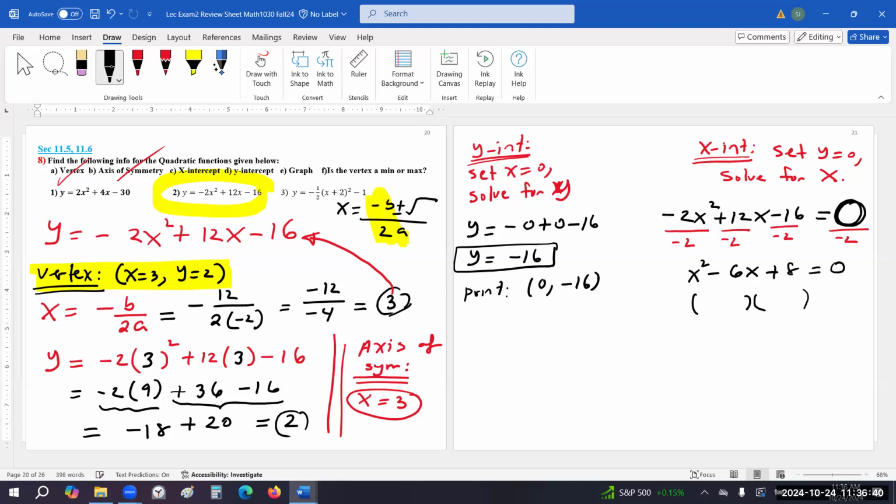Can we factor this? We are finding everything separately. First we found the vertex. Then we found the axis of symmetry, which is always x equals the x value of the vertex.